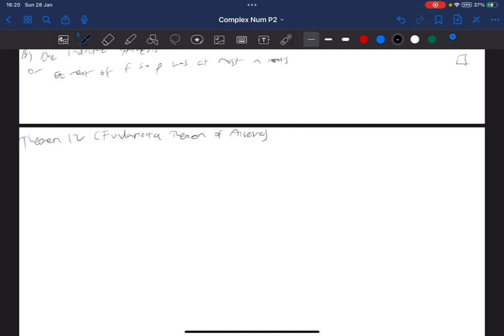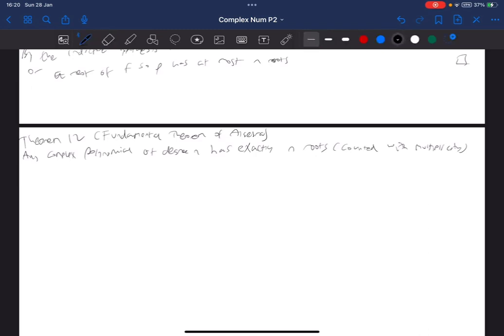Now, it says that any complex polynomial, and of course we talked about complex polynomials a couple of minutes ago, any complex polynomial of degree n has exactly n roots, of course, counted with multiplicity, i.e. if they've got multiple roots of the same one, potentially.